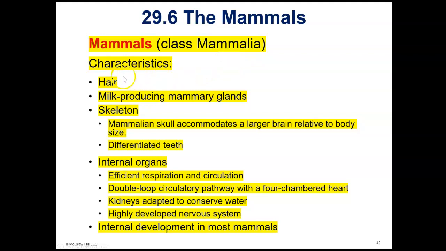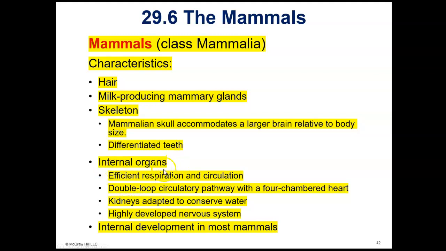The characteristics that mammals share is hair, milk-producing mammary glands. As far as the skeleton, the mammalian skull accommodates a larger brain relative to body size when you compare to reptiles and birds, and differentiated teeth for whether or not they're a carnivore or an omnivore or herbivore.